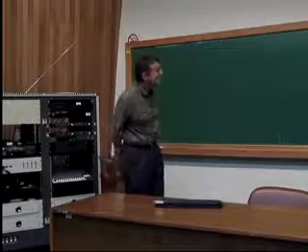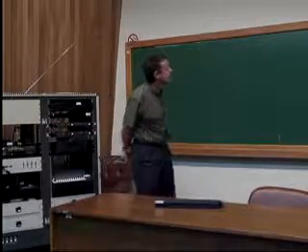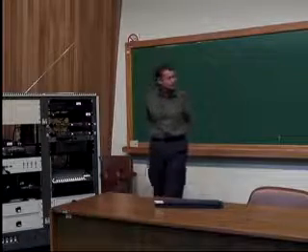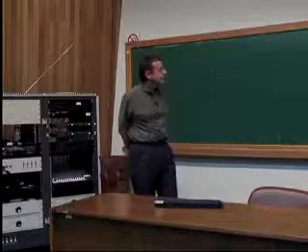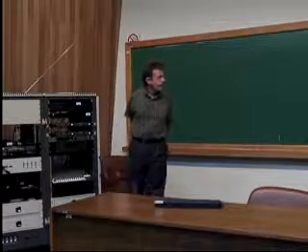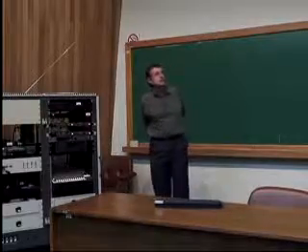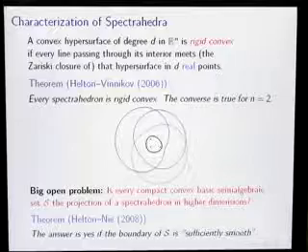Is every compact, convex, basic semi-algebraic set the projection of a spectrahedron in higher dimension? That's an open problem. There has been some recent progress by Helton and Nie, and they have a theorem that says the answer is yes if the boundary of the convex body is sufficiently smooth.